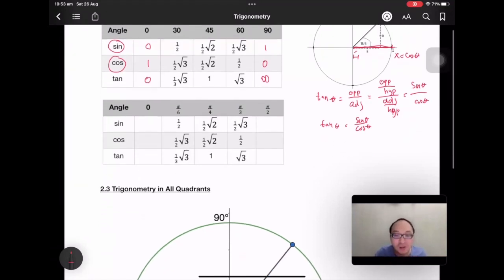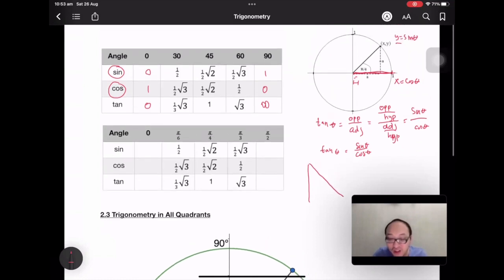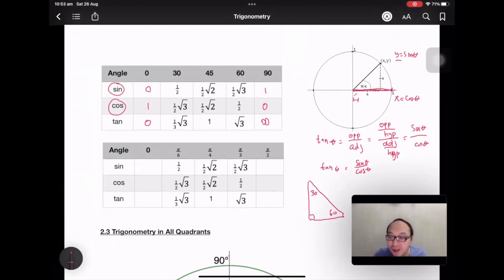How about the other angles? We can have a triangle like this for the 45 degrees. I prepared it for the 60 and 30 degrees too. The 45 degree triangle is an isosceles right angle triangle, so the opposite and adjacent sides are the same. So what is sine 45?